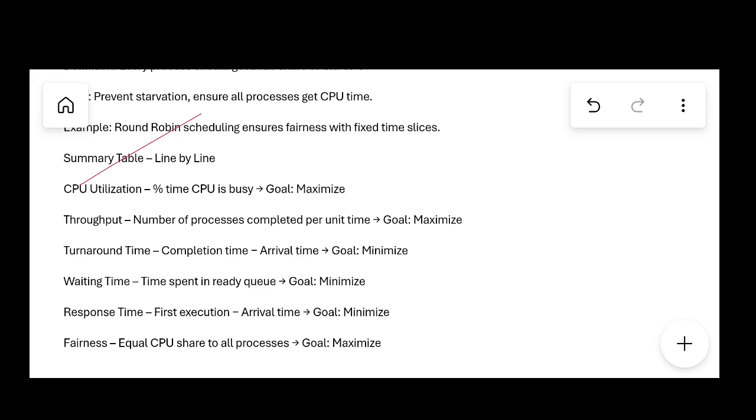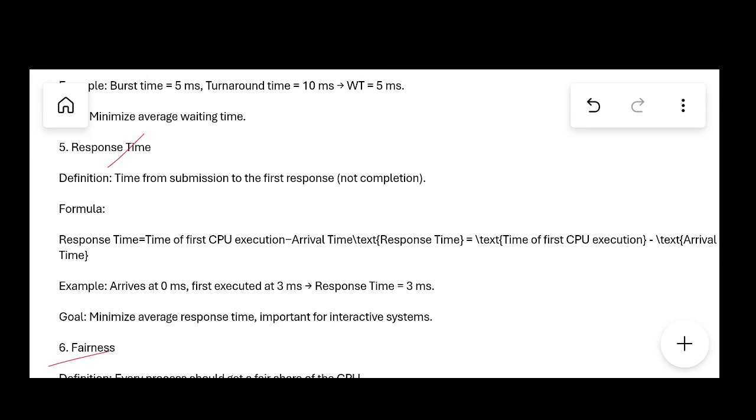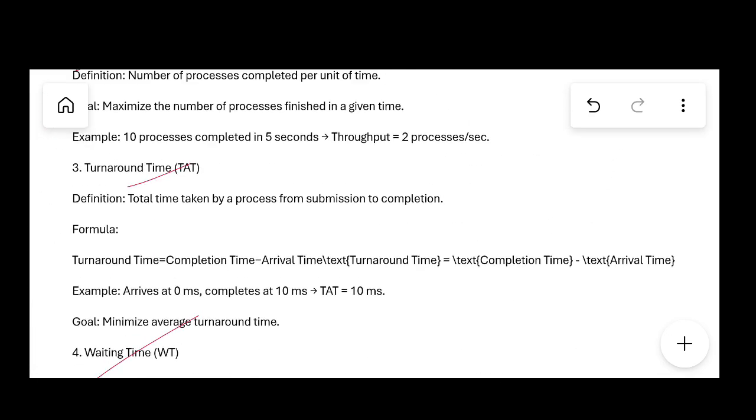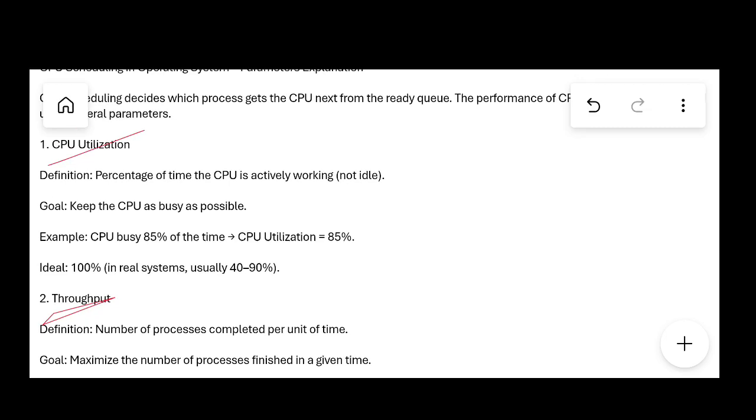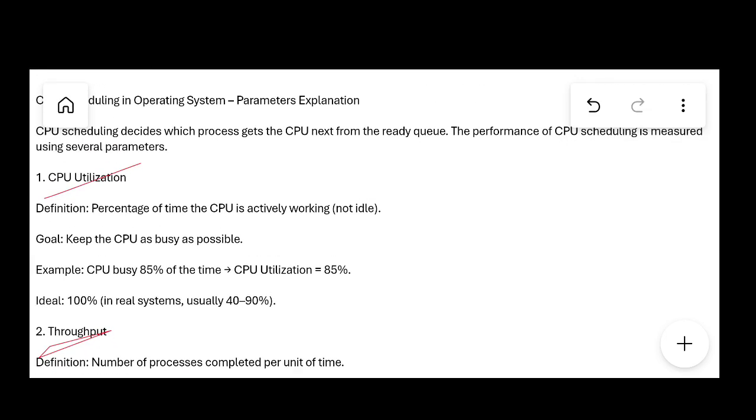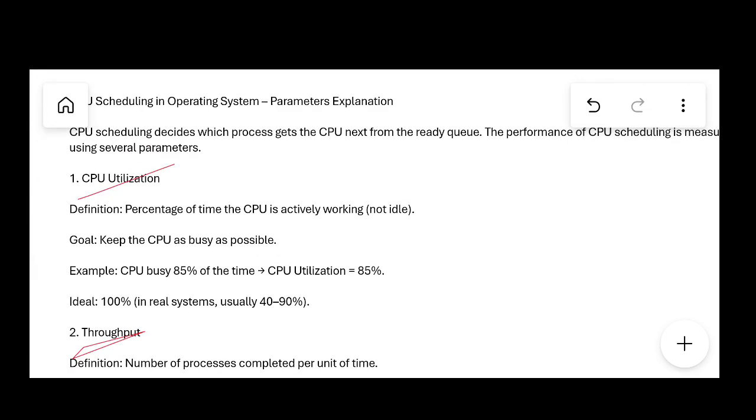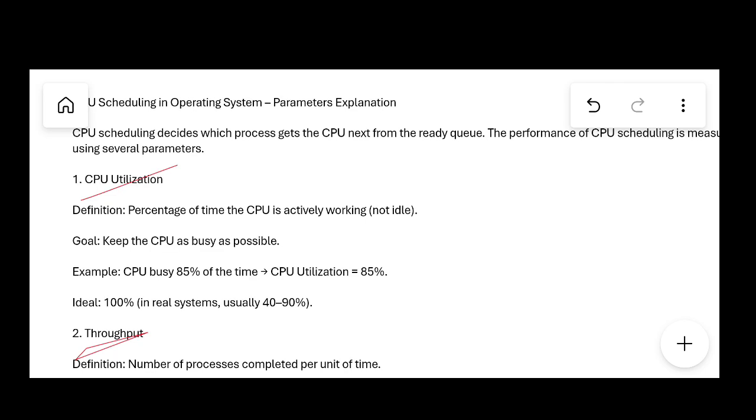For example, if your CPU is busy 85% of the time, that's good, but 100% is perfect. So why isn't 100% always possible? Because sometimes processes are waiting for IO, or the CPU is idle in between.